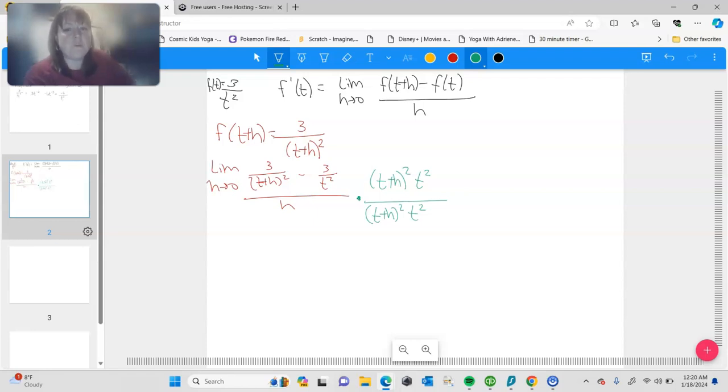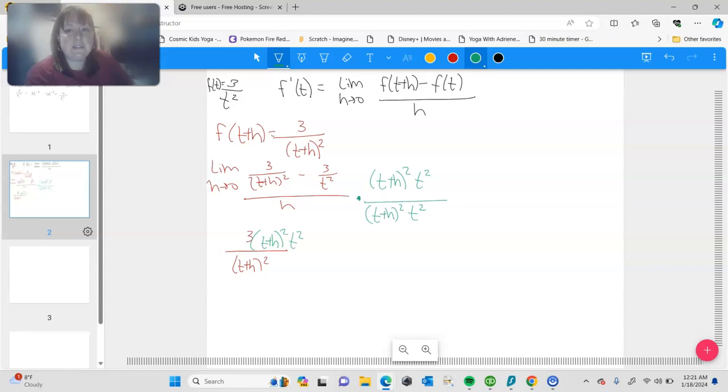So we're going to multiply this in. And remember, when we multiply across addition or subtraction, we multiply by each term, right? So this multiplies by this term and then by this term. So I'm going to write the whole thing out, right? So I have t plus h squared. This is that first term. And we're going to multiply that by t plus h squared times t squared.